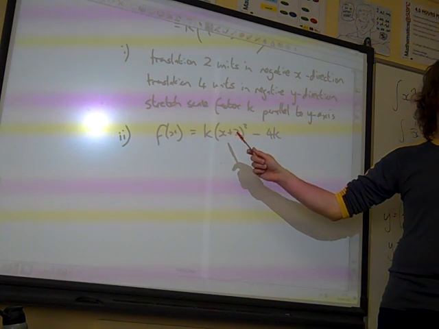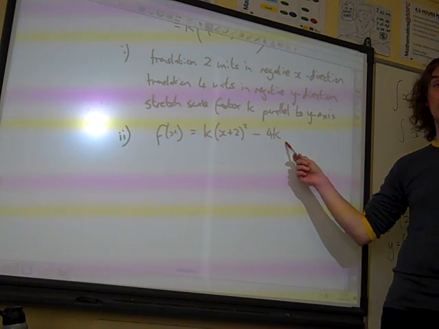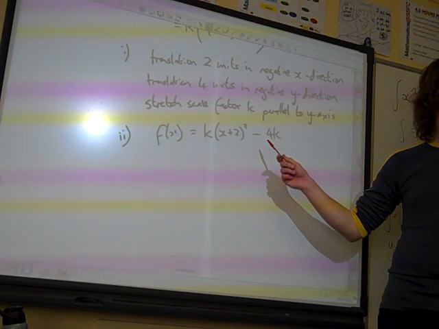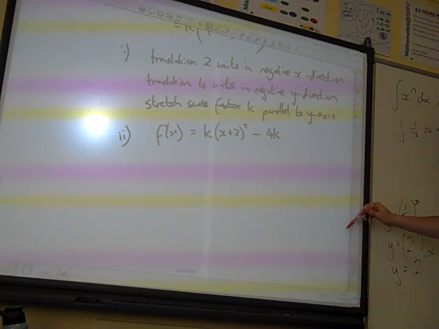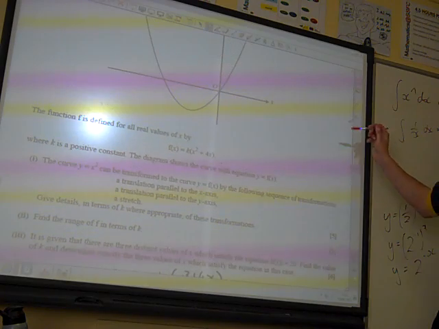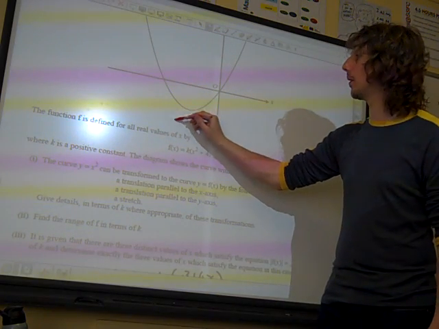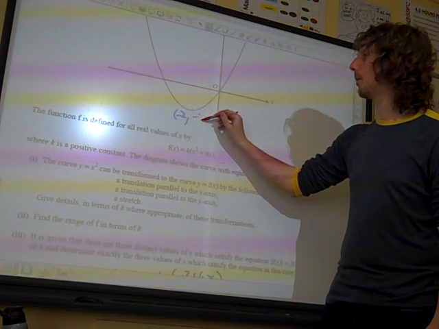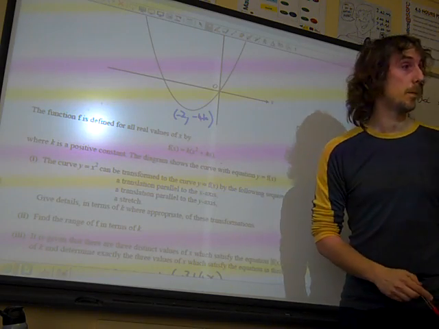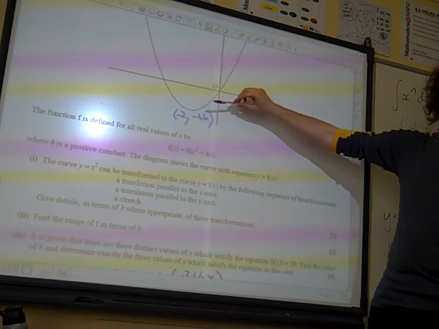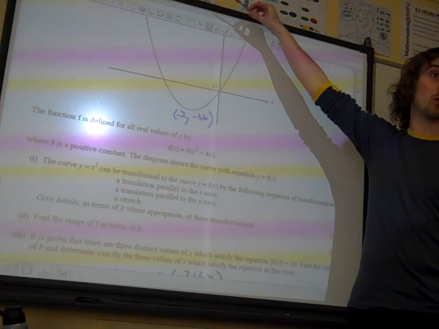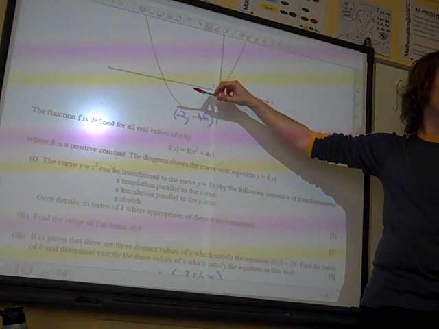And the y coordinate of the minimum point is whatever's hanging around over here. And so that means that this point in our graph here is the point (-2, -4k). And this function is always bigger than or equal to minus 4k.